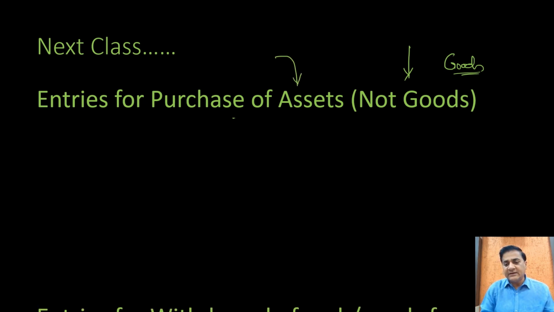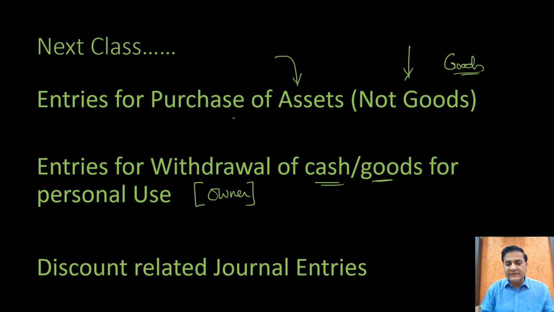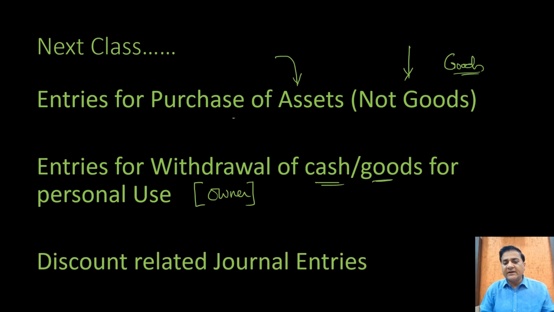Then we'll be talking about the entries related to withdrawal of cash or goods for personal use by the owner of the business. Then we'll see the discount related journal entries. So in the next class, we'll be talking about some special transactions which are not of the general nature.